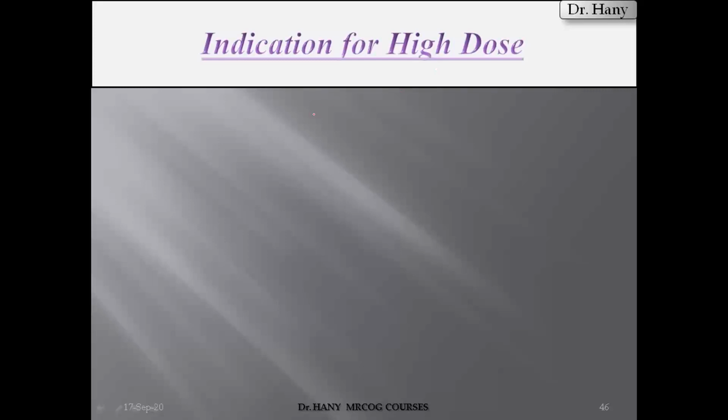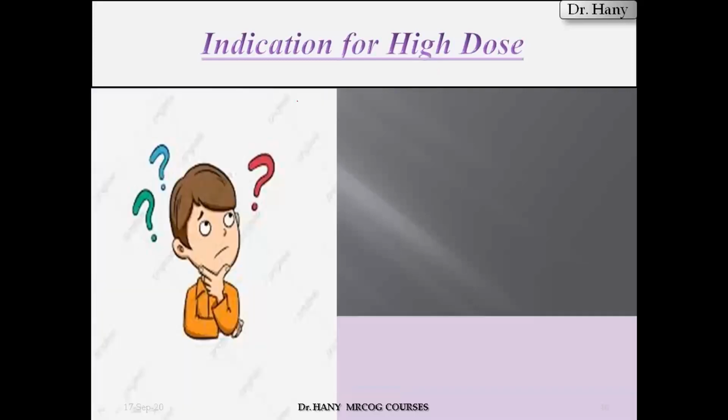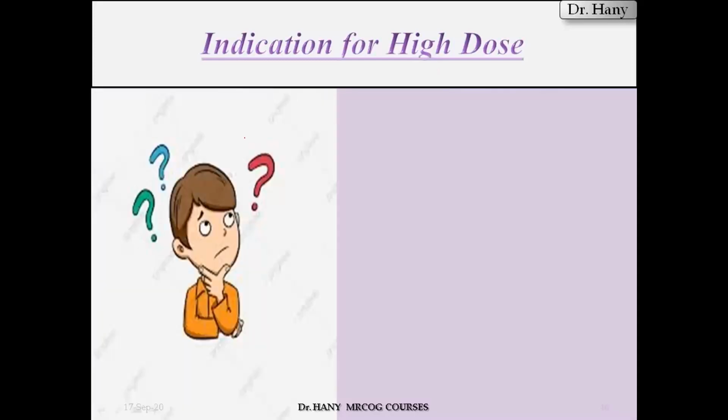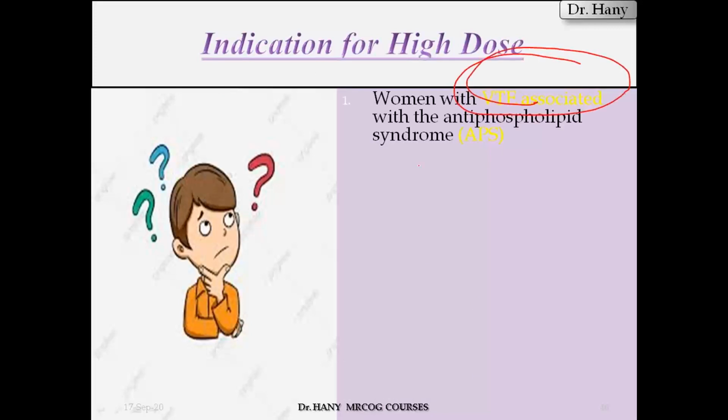The high dose, how to think or how to give it? What is the indication for high dose? A woman with a previous VTE with high risk thrombophilia or antiphospholipid syndrome.